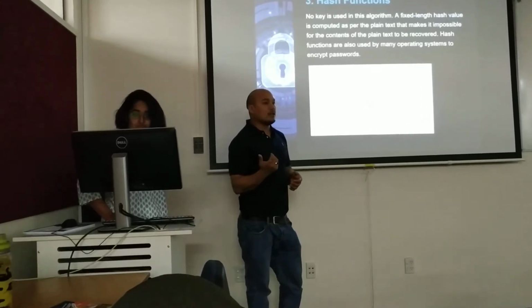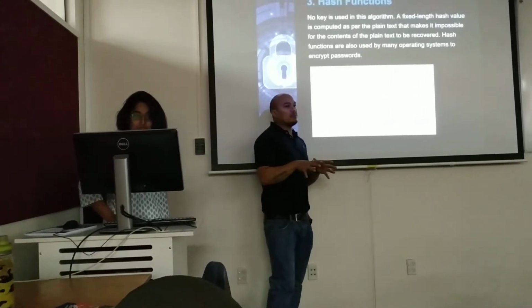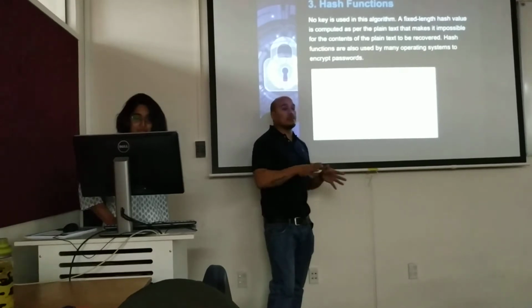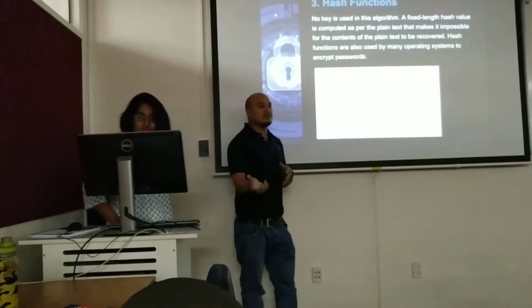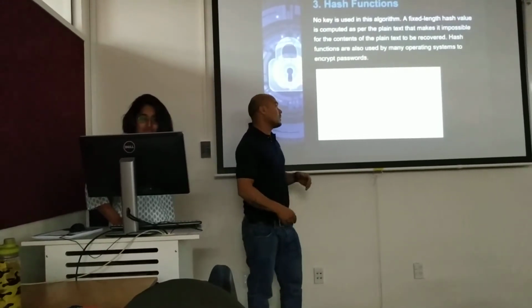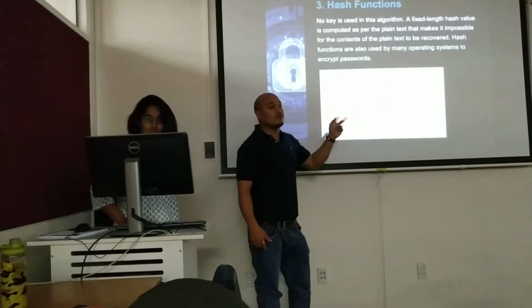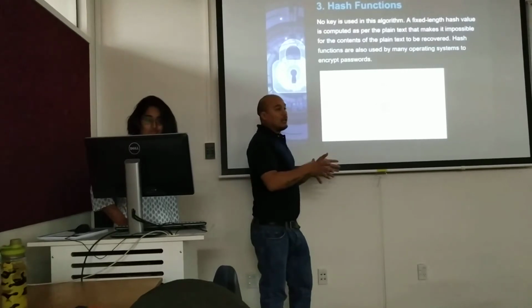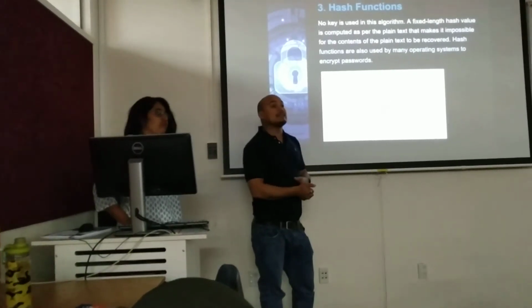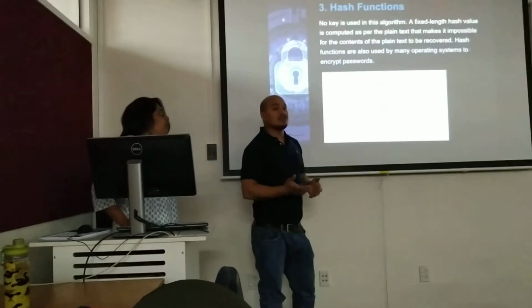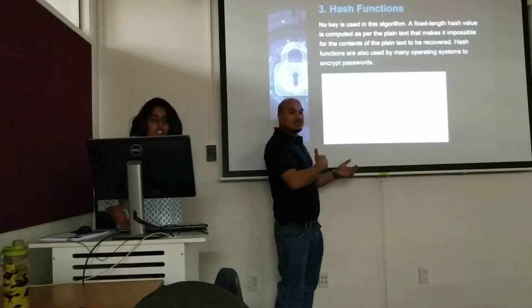original text format. This hash function is still used in a couple of systems and a couple of operating systems, but this is quite different from the previous two types of cryptography, because here the main feature is this cannot be by any means reverted back to the original text format.